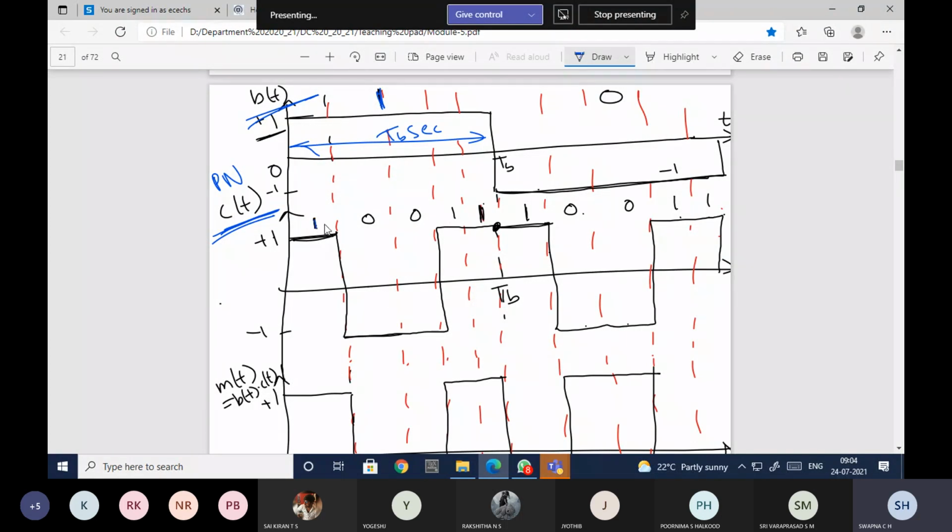Here, if you observe, 1 0 0 1 1, that is 5 bits. The PN sequence is generated with 5 bits, so these 5 bits should occupy 1 TB, in the sense 1 bit duration. After that it will repeat again, because the PN sequence is a periodic sequence.